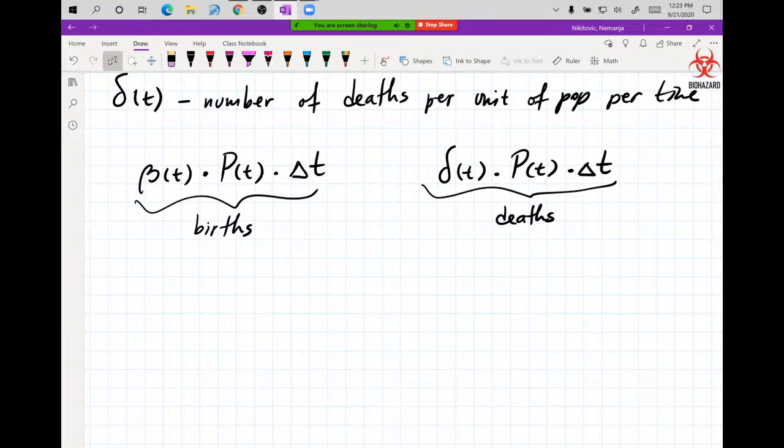The way you look at it, it gets born and then dies. Yeah, there is a little bit in between, but we don't talk about that in differential equations. It's just born and then death.